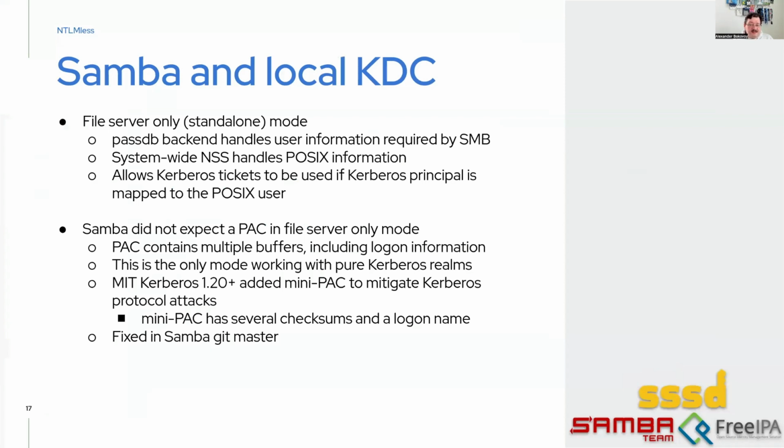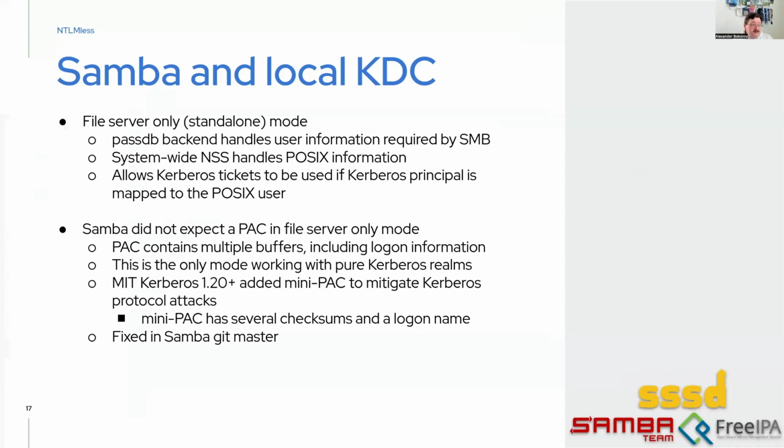But it takes the POSIX information from NSS, so from the system. And because the user has the same name in the system as the Kerberos principal, it is mapped one-to-one, and then it works. But we have some problem, or we found some problem.